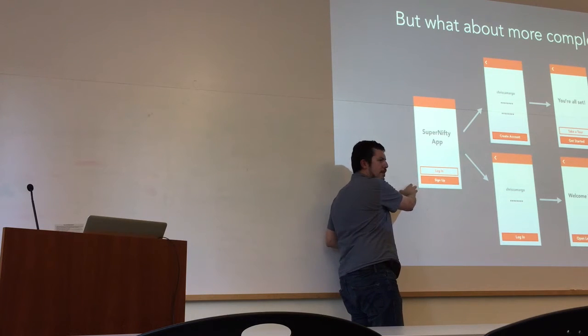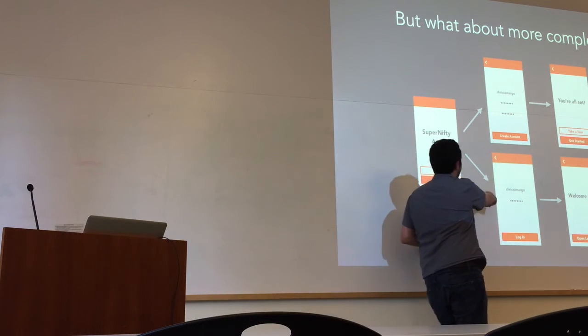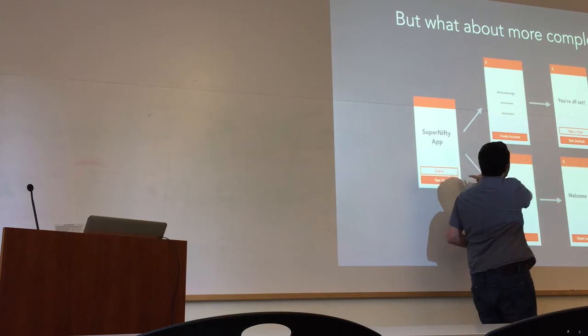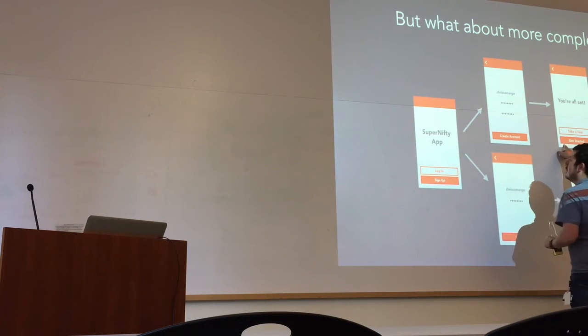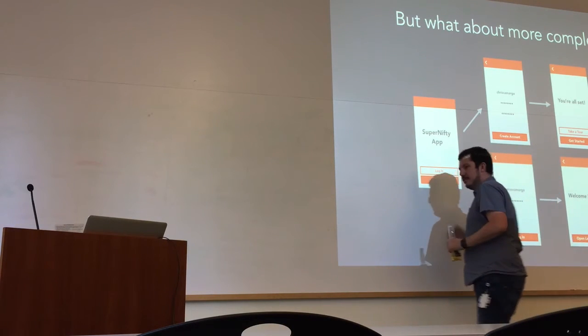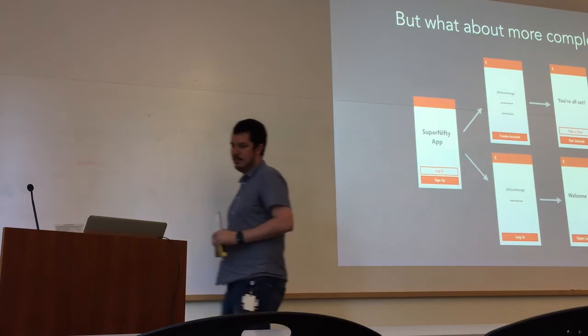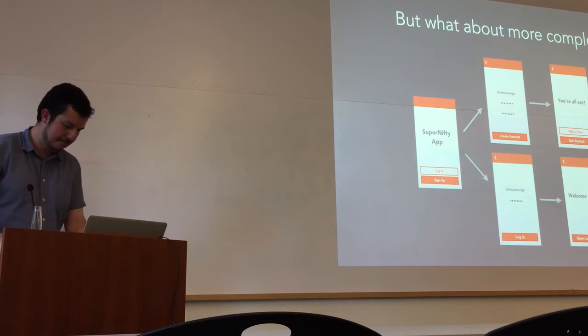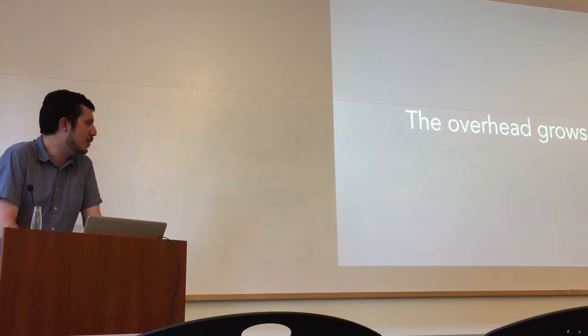I've got to figure out which screen to go back to, because these branch now. If I'm here, I want to go here. If I'm here, I want to go here. But if I'm here, I want to go back here. Same with this, I want to go back to this one. So this is a little crazy. The overhead grows really quickly.